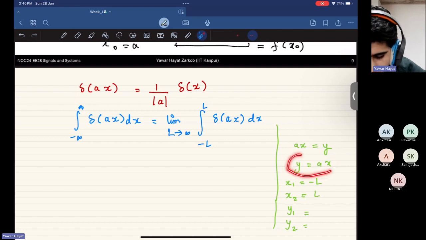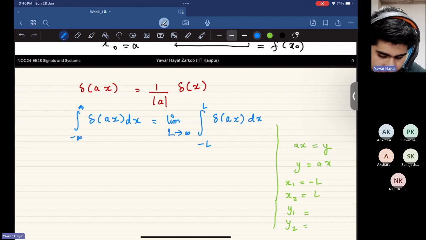What would be y1 and y2? It is straightforward, right? Can anyone write it in chat?